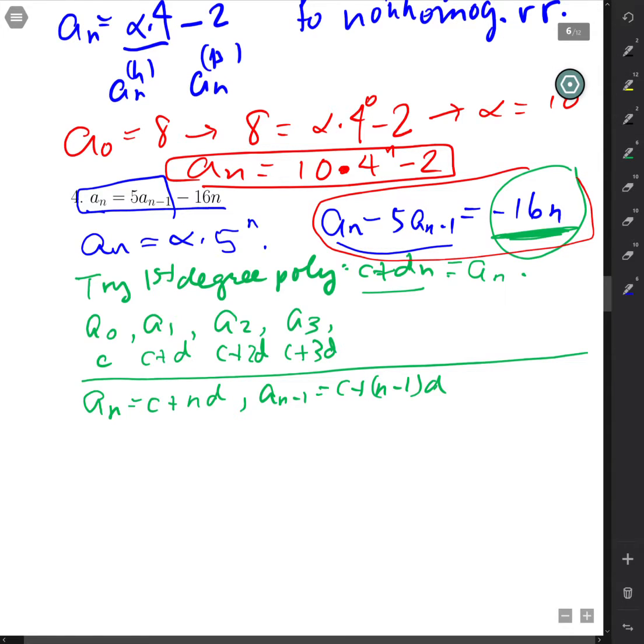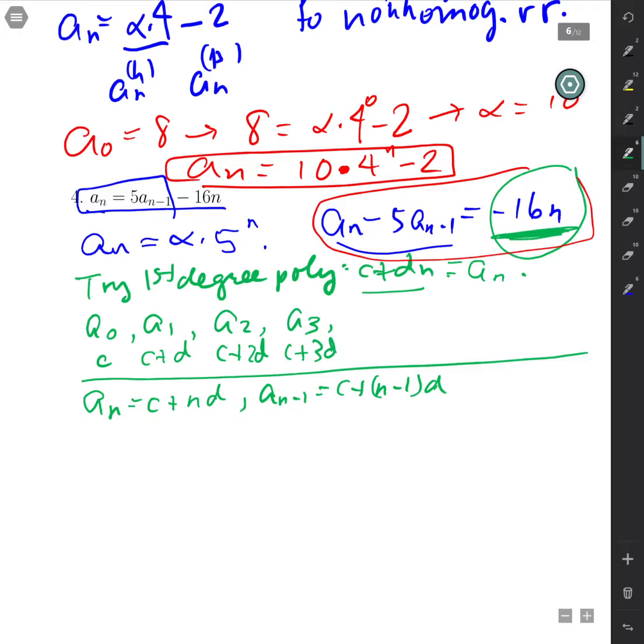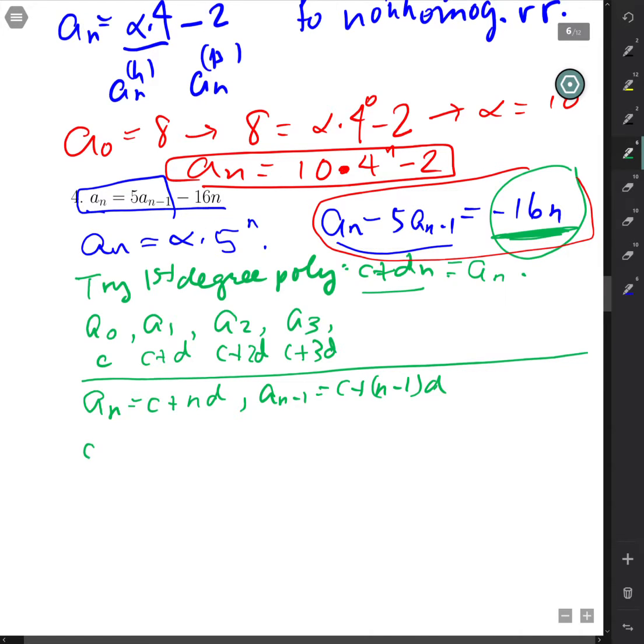So that would say c plus nd, that's the a_n, minus 5 times c plus (n minus 1)d, that's the 5a_{n-1}, is equal to minus 16n.